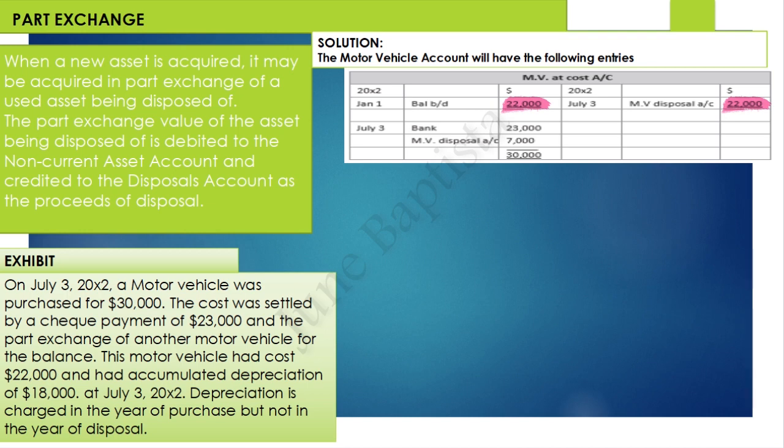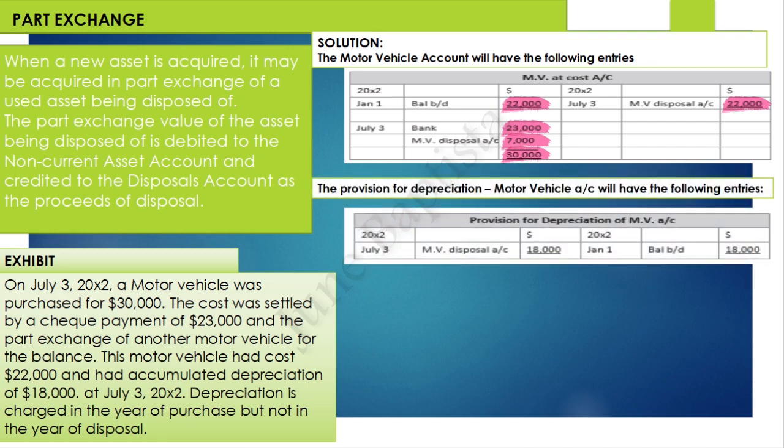On the same day, the motor vehicle at cost account is debited $30,000, being the price of the new motor vehicle acquired, comprising of a part exchange of $7,000 and a check payment of $23,000.